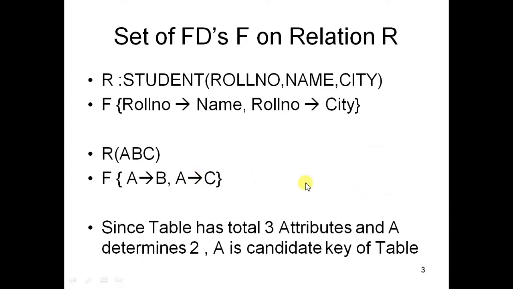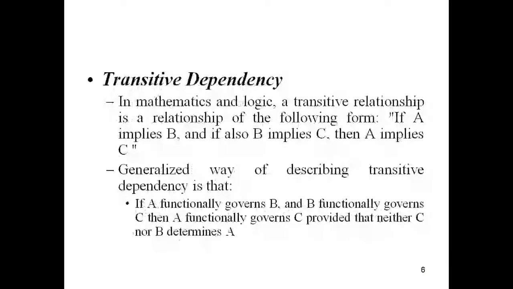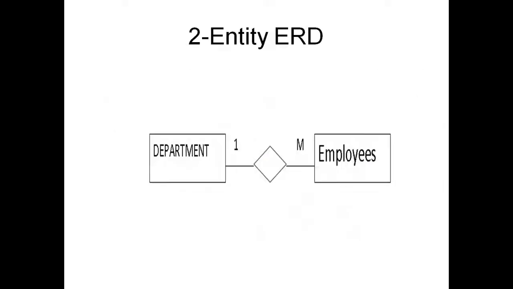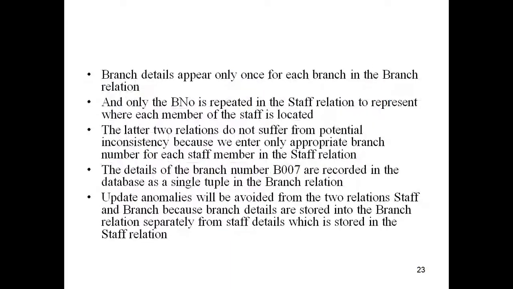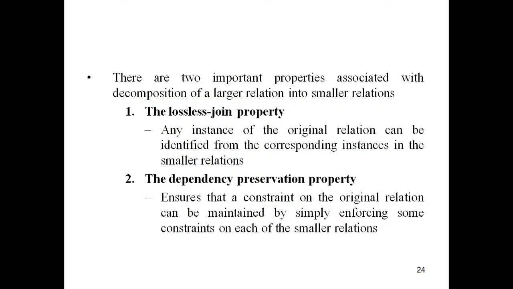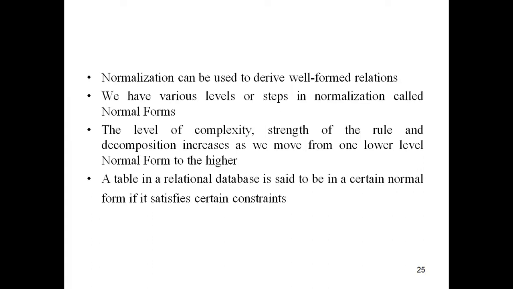So your decomposition is lossy, and it is not dependency preserving. I hope this is enough for this part. Now please go through this topic plus the question that I will be giving, then we will move to normal forms.